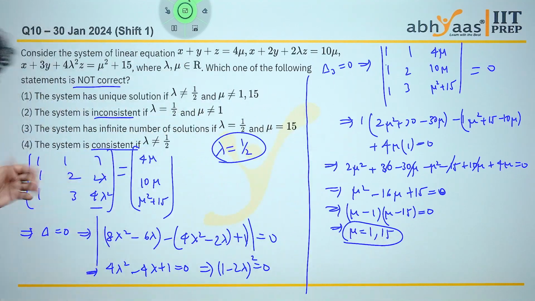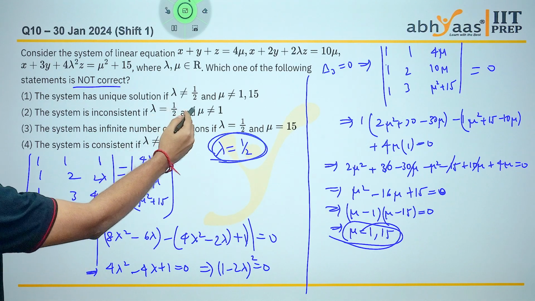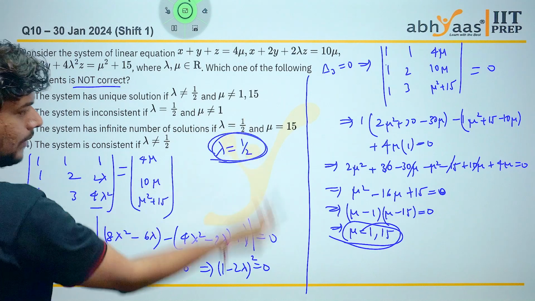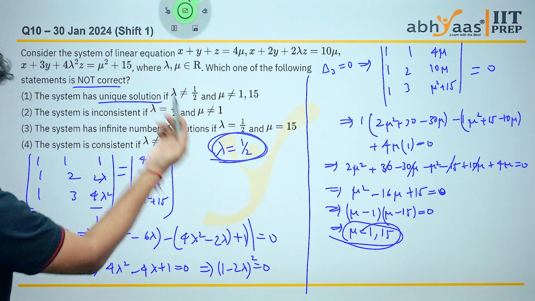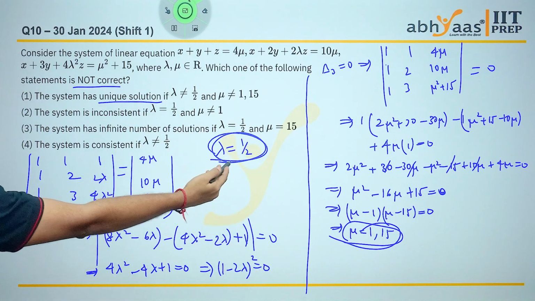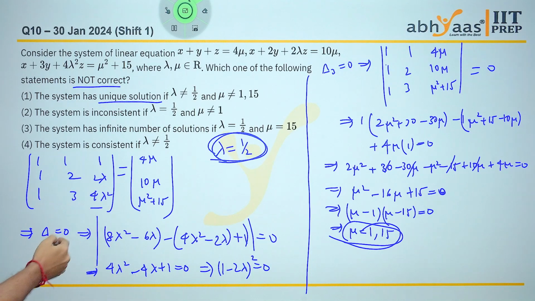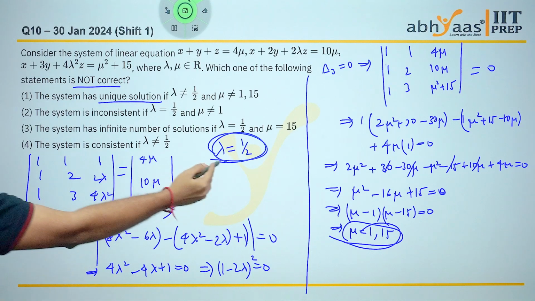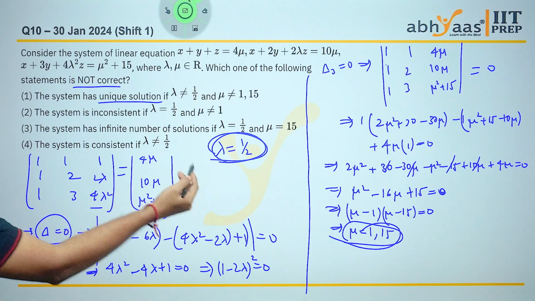So let's check the statements. Okay, so the lambda value is 1 by 2 and mu value is 1 comma 15. Let's check the options. So for lambda not equal to 1 by 2 and mu not equal to 1 comma 15, we will get unique solutions. Probably because if lambda equals 1 by 2, then we will get det equal to 0, right? So it shouldn't be 1 by 2 to be consistent.